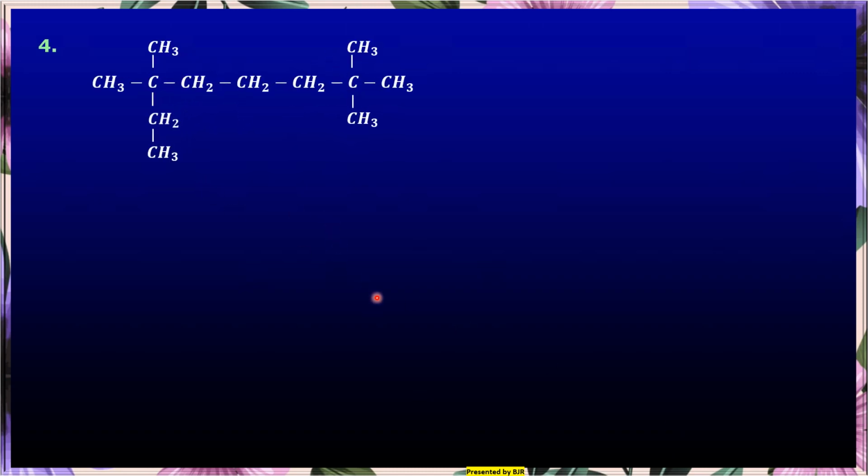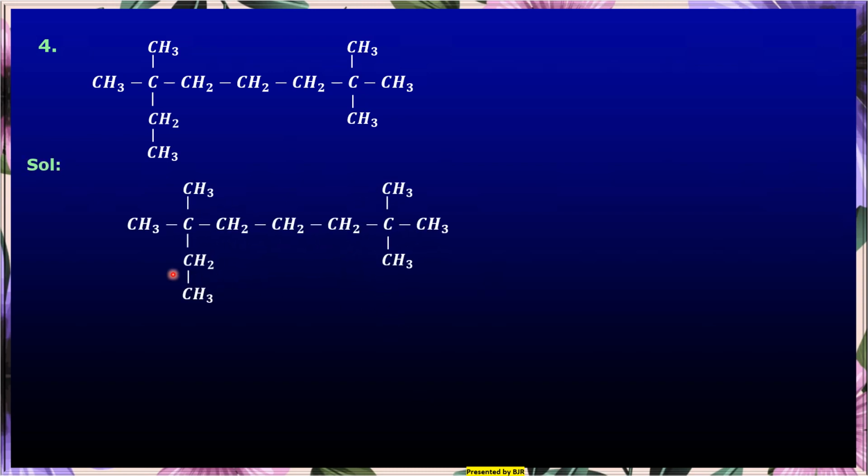Next, here is the problem number 4. See here. Solution. Now, first we have to select the parent chain. If I select this as the parent chain, 1, 2, 3, 4, 5, 6, 7 carbon atoms only it contains.